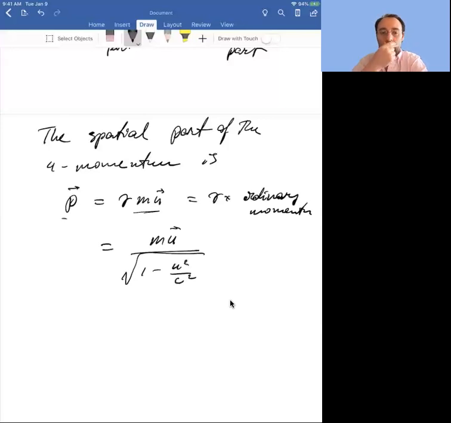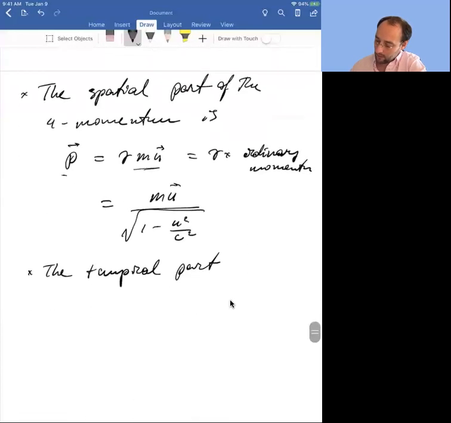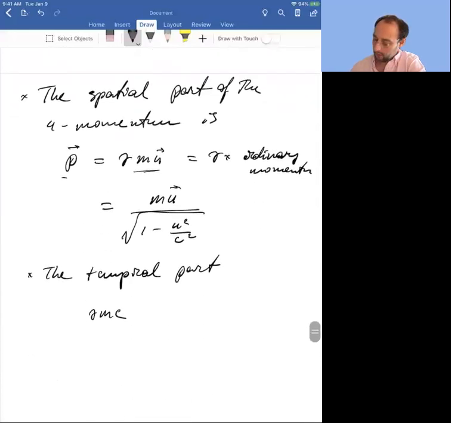So we will discuss that. And the temporal part is gamma mc. We can write it as gamma mc squared over c.